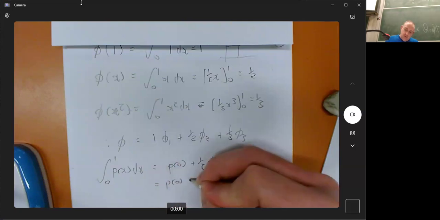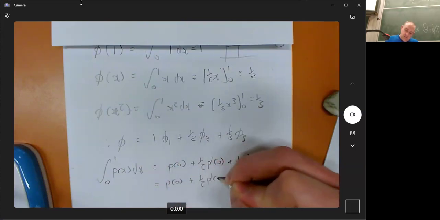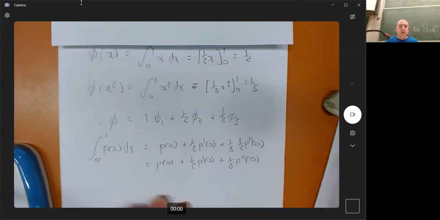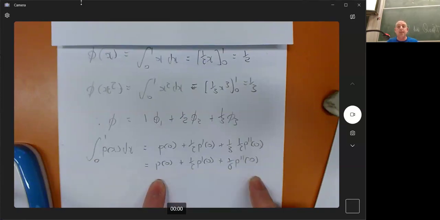So there you go. If you would like to find the integral of any degree up to 2 polynomial from 0 to 1, the answer will be this, which is just silly, but deeply cool.